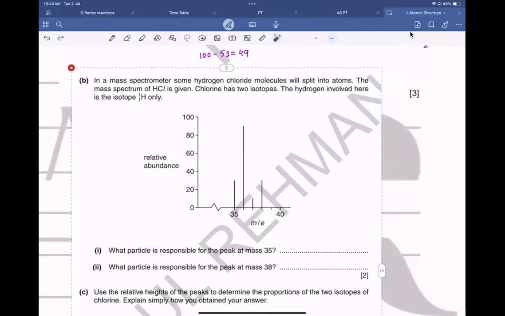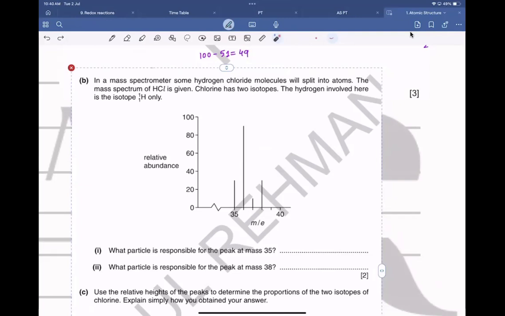Very good. Then which species will be 37? 37 would be only chlorine with the mass of 37. Very good. Because we got to know that hydrogen has 1 and chlorine is 35, so obviously at 36 it would be HCl, but at 37 it would not be HCl, right?